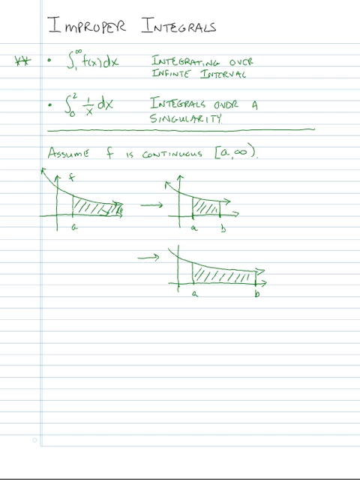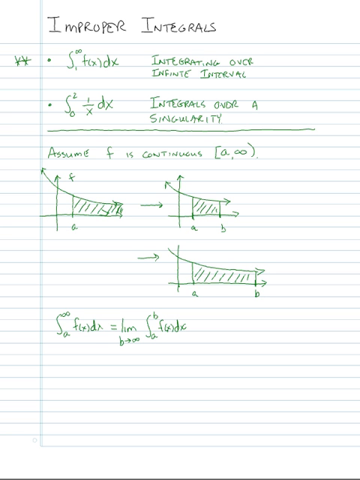And so here's the way we define this in general. We would say that the integral from a to infinity of f of x, we can't do this at once, but we can integrate from a to some number b that's bigger than a, and we can take the limit of that particular integral, or that particular area, as b gets larger and larger and larger.